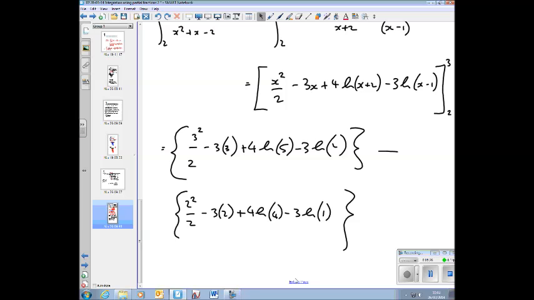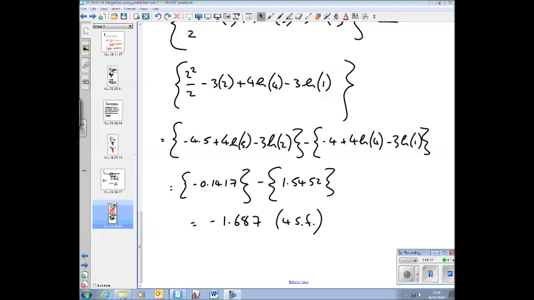So I'll just pause while you plug the values in and see what we get. And we should end up with, I think, the solution given at the start. So putting in the figures for the limits, we end up with an answer of minus 1.687 to 4 significant figures, and there's the solution.